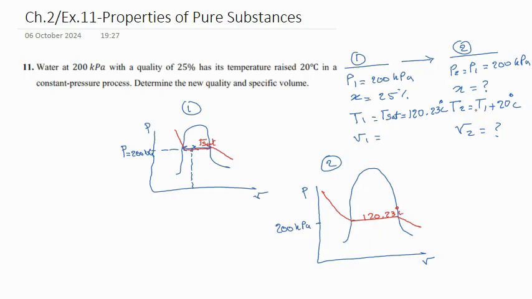Remember that in state number 2 the temperature is 120.23 plus 20 degrees Celsius, so we are at a higher temperature line somewhere here. This is 140.23 degrees Celsius. So the only possible way that we have 200 kilopascal and at the same time 140.23 degrees Celsius is when these two intersect somewhere here.